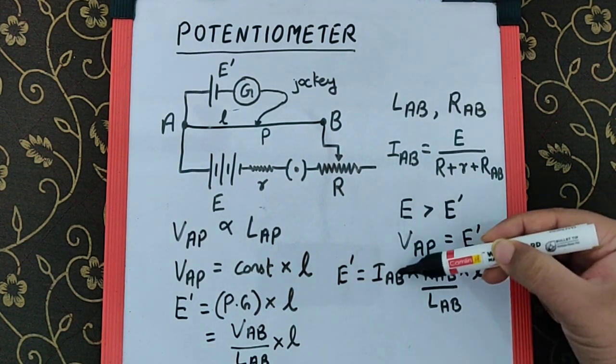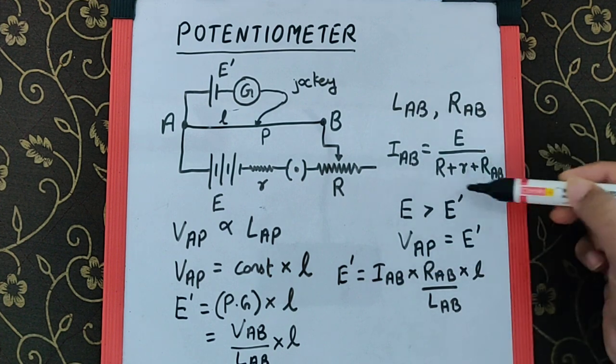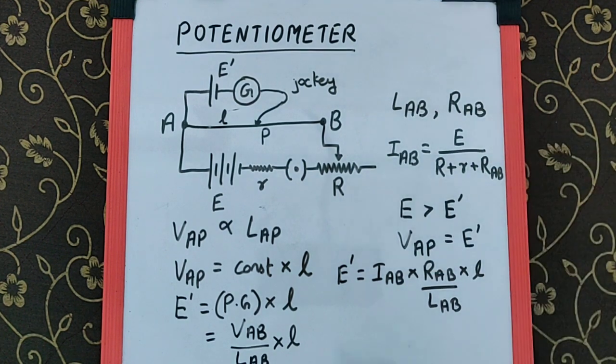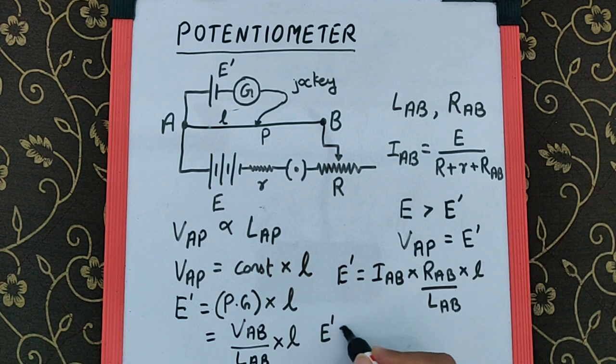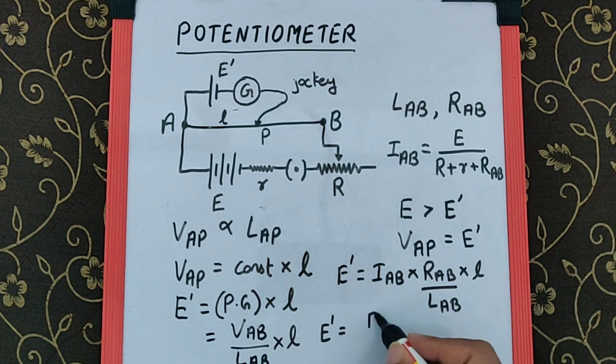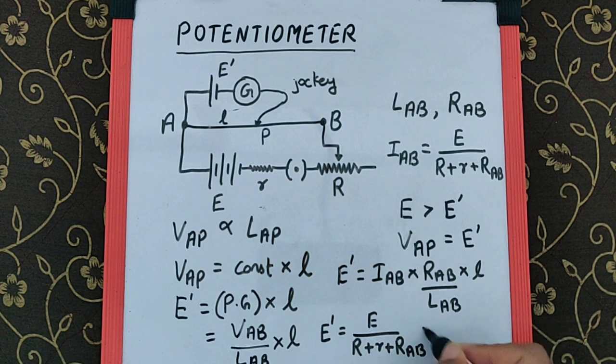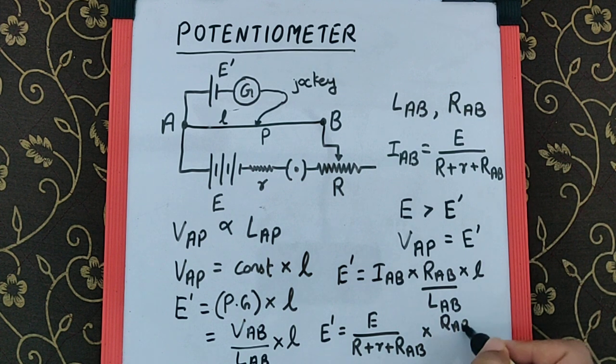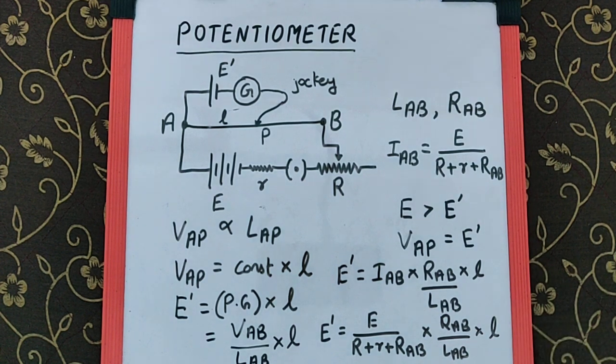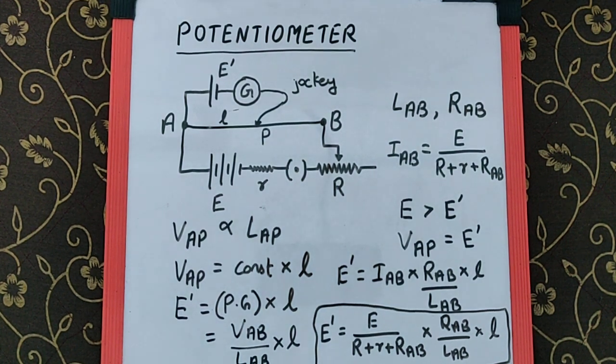Now as we have already written the IAB formula over here as E upon R plus RAB, we finally get the formula of E dash as E upon R plus RAB into RAB upon LAB into the balancing length. This becomes the final formula which can be used for almost all kinds of sums we come across for potentiometer.